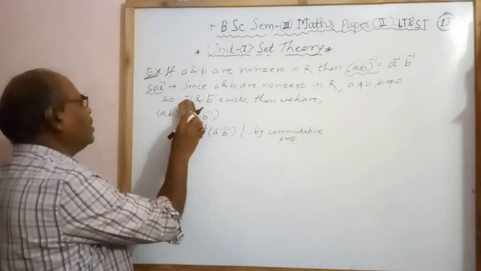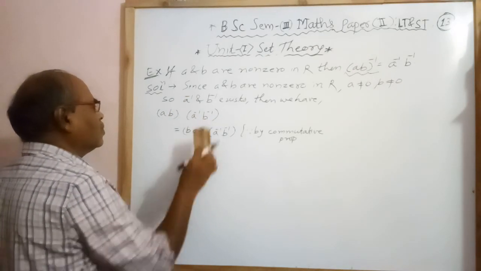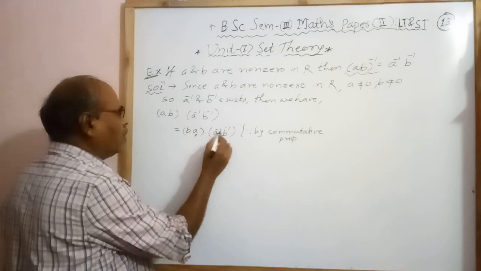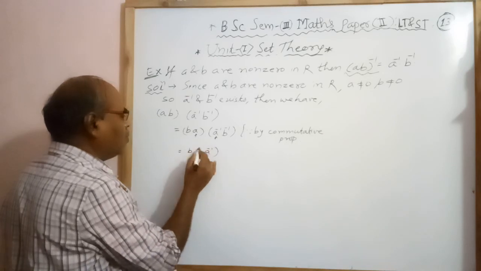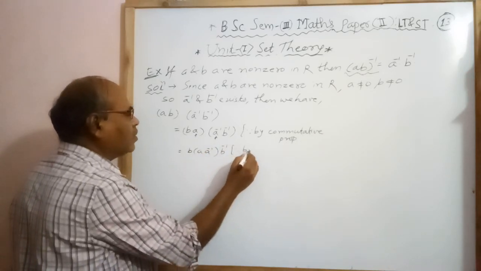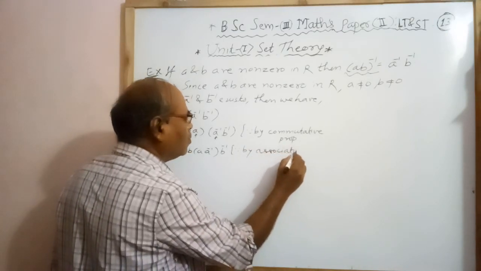Now take this AB into A inverse, B inverse. Then we associate this A and A inverse in one bracket. Therefore, B into A into A inverse into B inverse, by associative property.